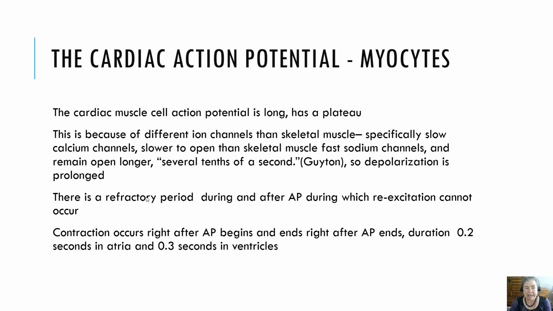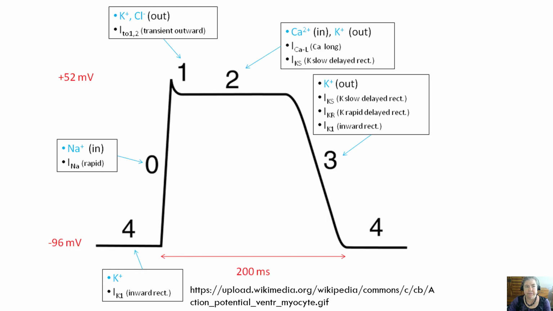The muscle contraction begins right after the action potential begins and ends right after the action potential ends. It lasts about a fifth of a second in the atria and about a third of a second in the ventricles. And so here is the cardiac myocyte action potential.